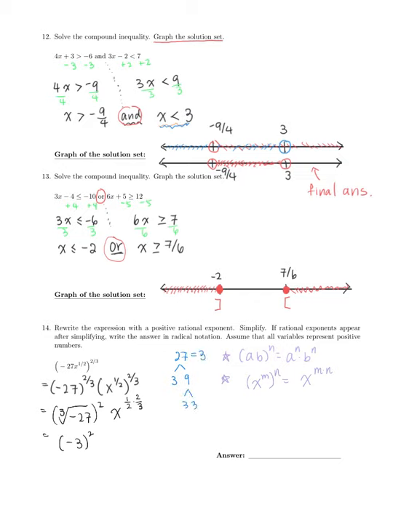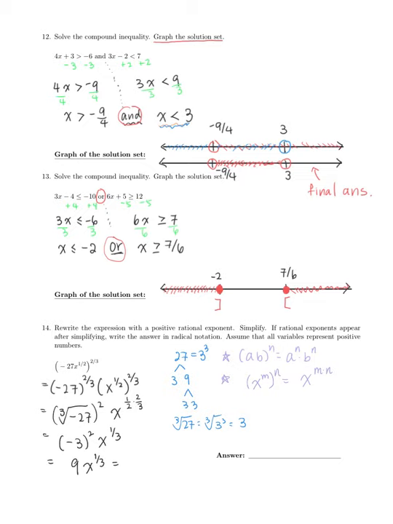So this is 3 cubed. Therefore, the cube root of 3 to the 3rd is going to give us a 3. However, we are given the cube root of negative 27, so I'm just going to put the negative in front of the 3. And then here you're going to have x to the 1/3. The next step, this is the same thing as positive 9, and then x to the 1/3.